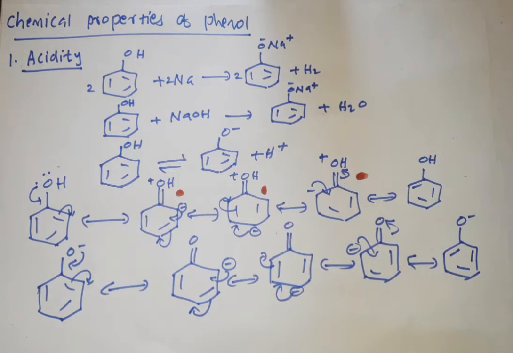The fact that the phenoxide ion is more stable favors the ionization of phenol with the release of proton. So, that's why phenol shows acidic nature.